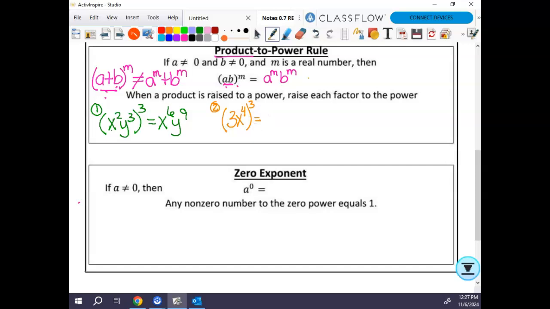So when I do that, this is going to give me 3 to the 3rd times x to the 12th, right? Because I'm putting it on both of them. What is 3 to the 3rd? 27. I didn't want anybody to wonder magically where 27 came from. Any questions about that at all?